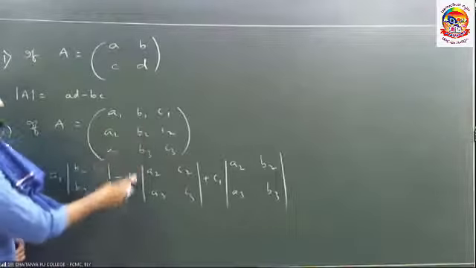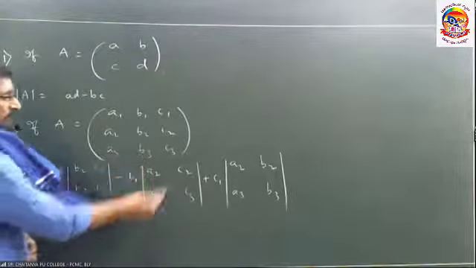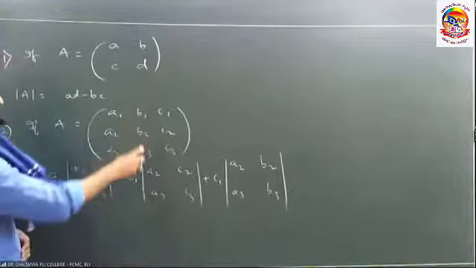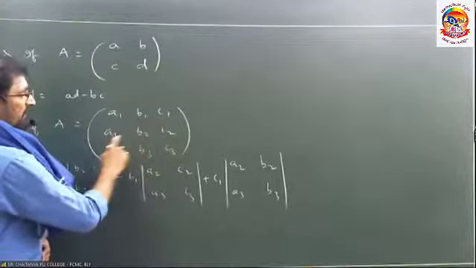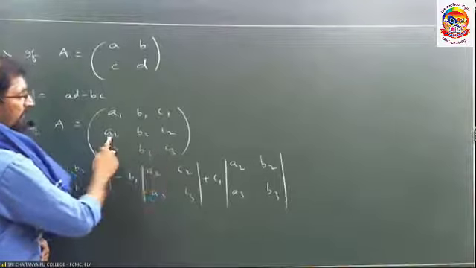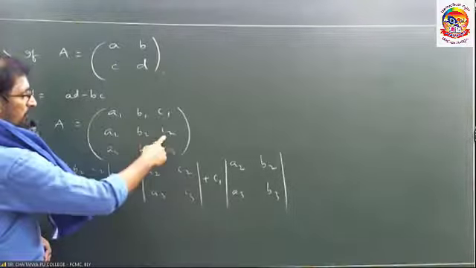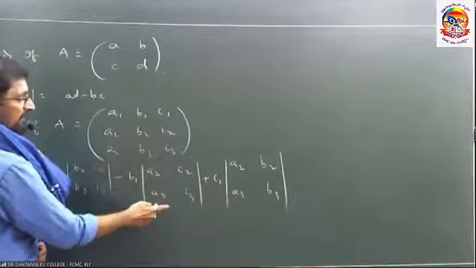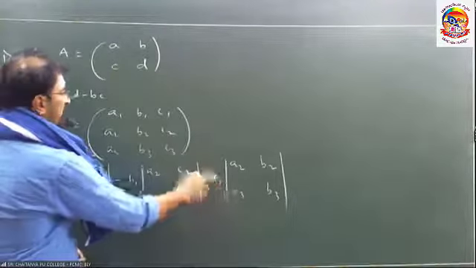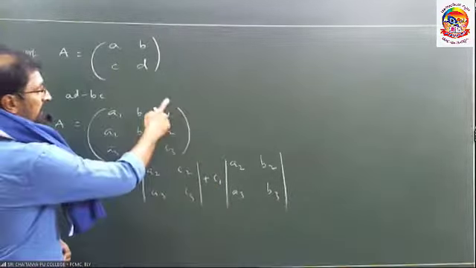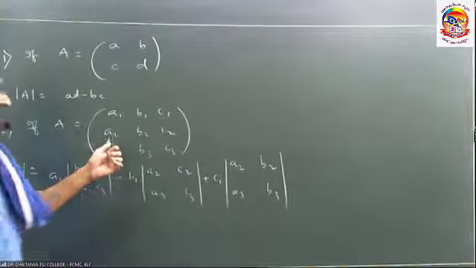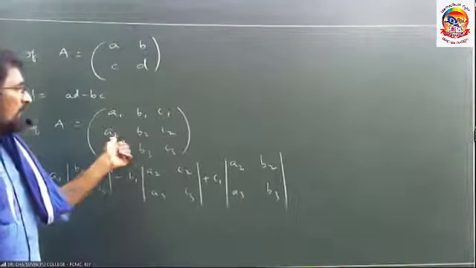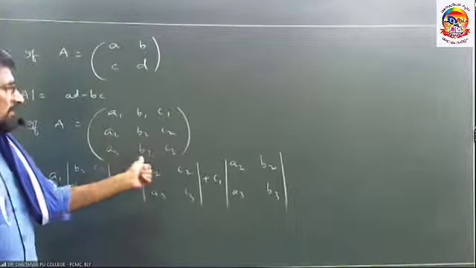Minus b1 into, excluding this column and this row, these four elements a2, c2, a3, c3. Plus c1 into, excluding this row and this column, you are going to get another four elements a2, b2, a3, b3.